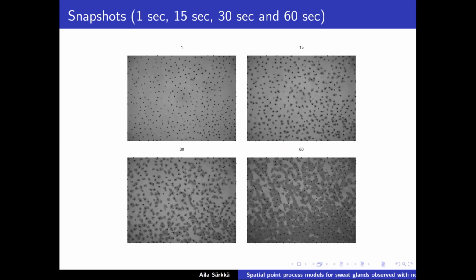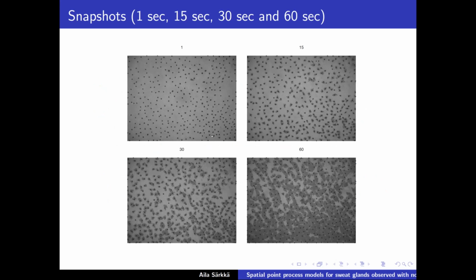Here you have 4 snapshots of one of the videos, and this person is healthy. You see in the end that the area is pretty wet. If you are healthy, then already during the first second, there are a lot of sweat glands activating, meaning that you start to see these sweat spots.